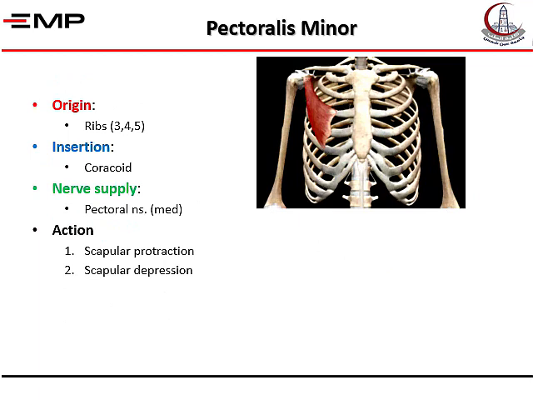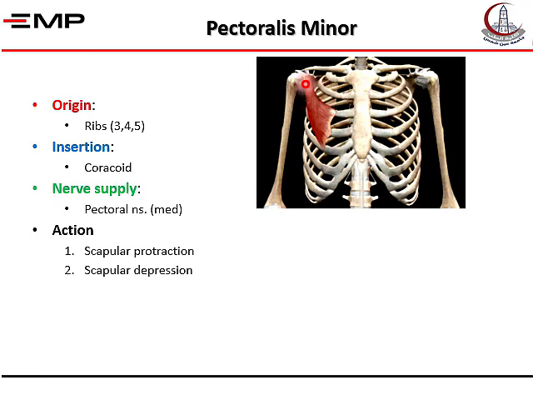When we remove the pectoralis major, we see 2 muscles. This triangular muscle is the pectoralis minor. Above here, just below the clavicle, there is the subclavius. The pectoralis minor arises from ribs number 3, 4, and 5, close to their cartilages, or maybe ribs 2, 3, and 4. Its insertion here in the coracoid process of scapula.